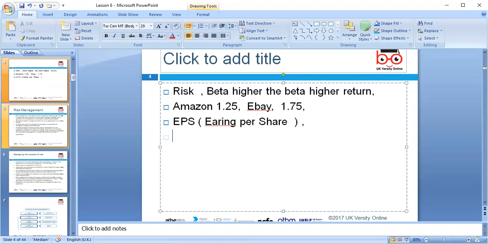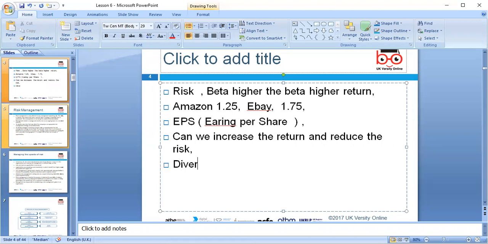Can we increase the return and reduce the risk? That's the other question. Yes, we can, through diversification. Don't put all your eggs in one basket.